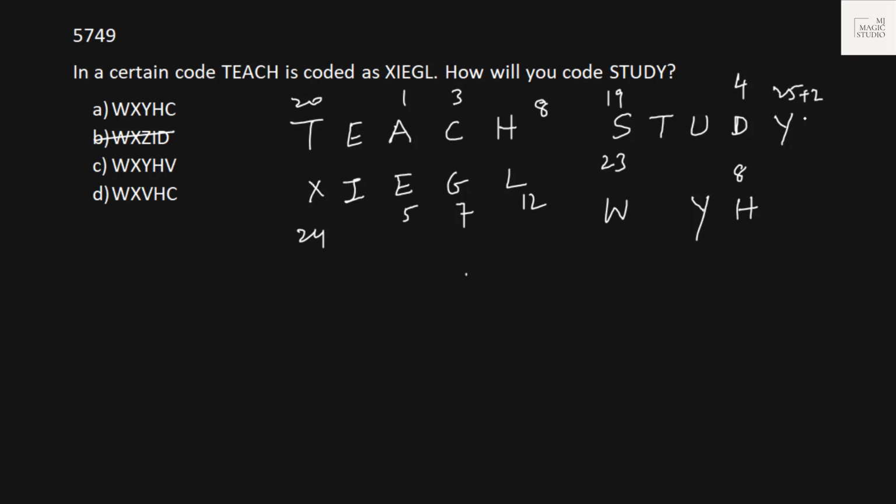Okay, so 25 plus 4 is 29, minus 26 is 3. We should have C. W, X, Y, H, C. Option A. I was just playing with these. You just don't waste time like this. Put in the number, check out the trend, and find the answer.